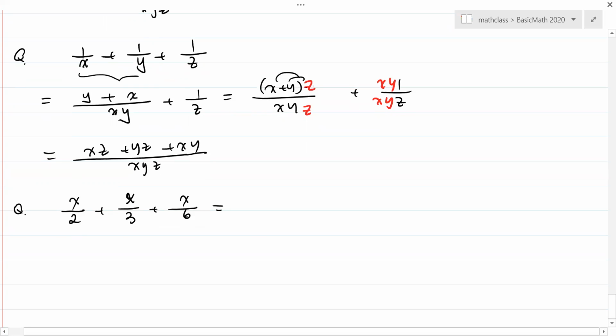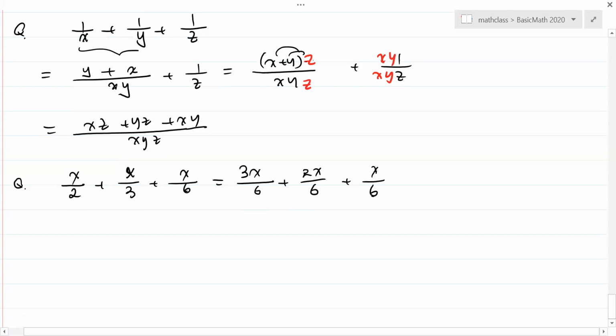The reason is that one half plus one third plus one sixth is going to work. You can try this: x over 2 is going to be 3x over 6, and here x over 3 is 2x over 6, and here is 1x over 6. So now you have a common denominator. You get 3x plus 2x plus 1x, it's 6x over 6, that is x.